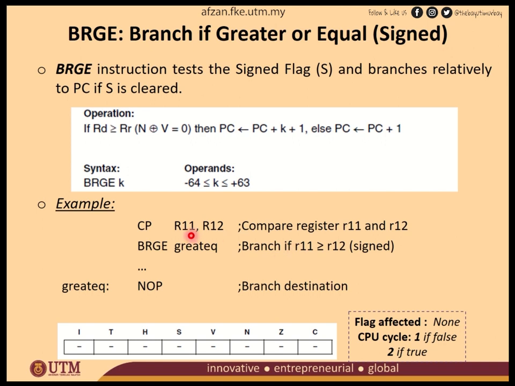After you compare, if R11 is greater than R12, then the branch will be taken to this GREATEQ instruction. It will go to this instruction here. If R12 is greater than R11, you need to do the following instruction after the BRGE instruction.